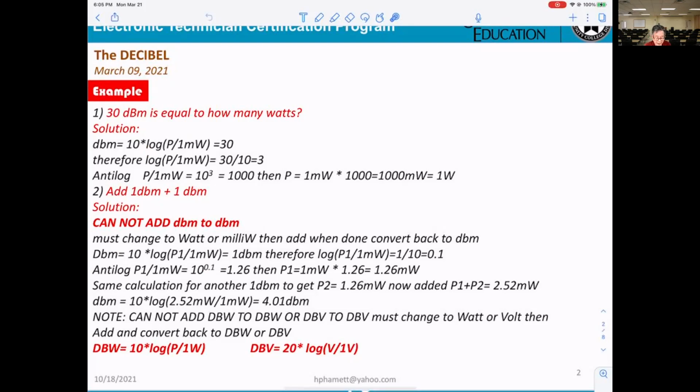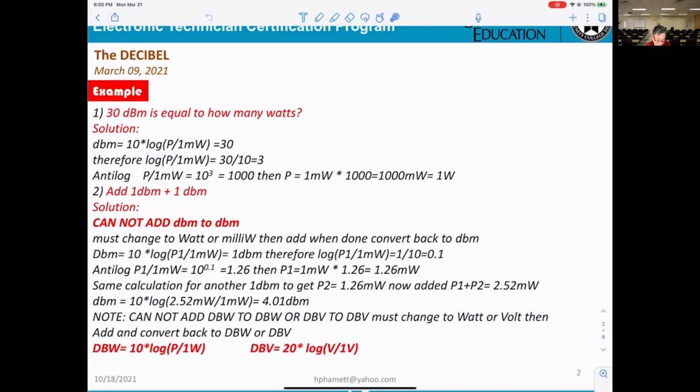dBm equals 10 times log of power divided by 1 milliwatt, and they give you 30 dBm. So now you take the log of P over 1 milliwatt equals 30 divided by 10, you get 3.